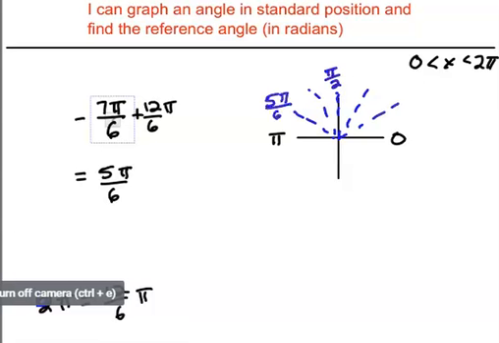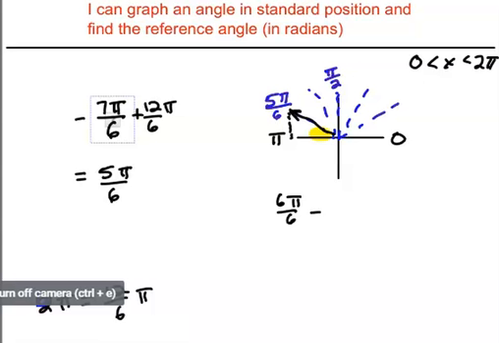Okay, and just like before, now that we have the angle, we want to draw a line to the x-axis, and figure out what this angle is here. How far is it between 5/6 and the x-axis? We're basically figuring out the distance to 6 pi over 6.